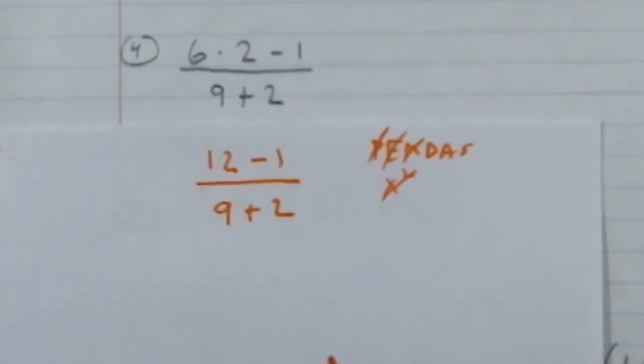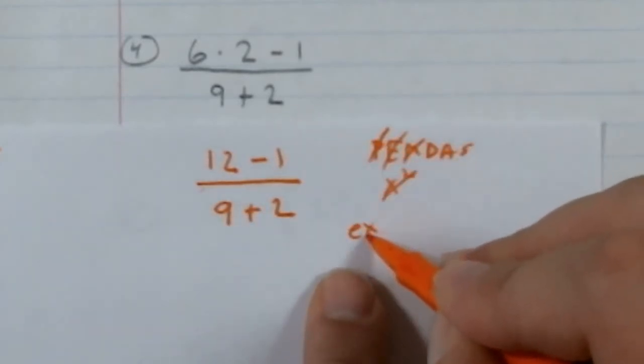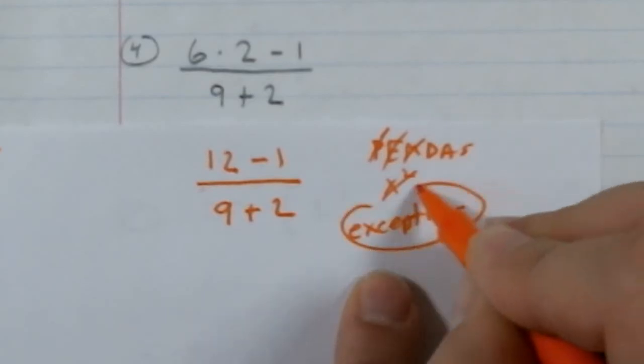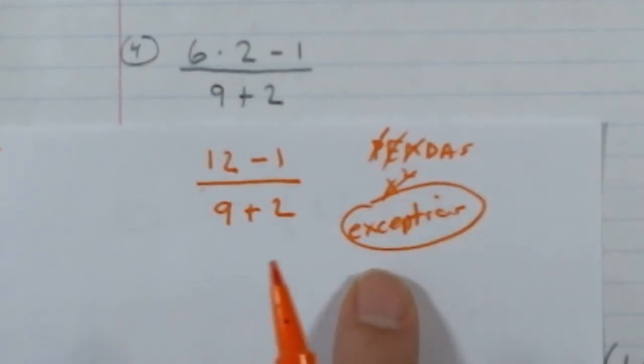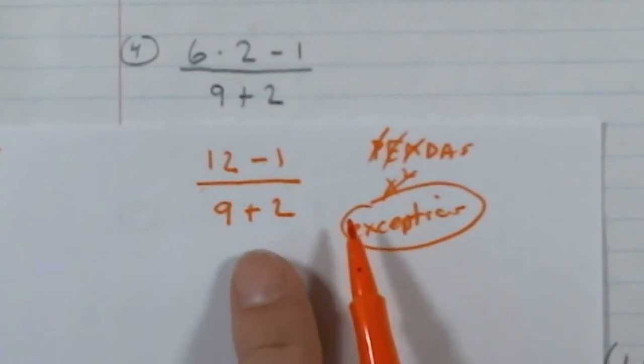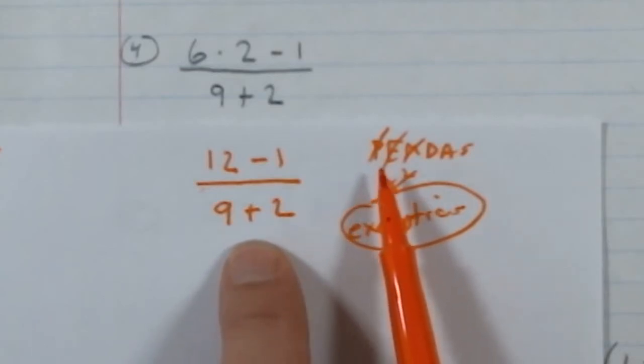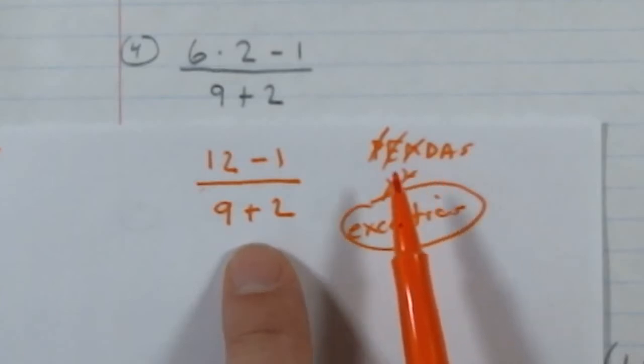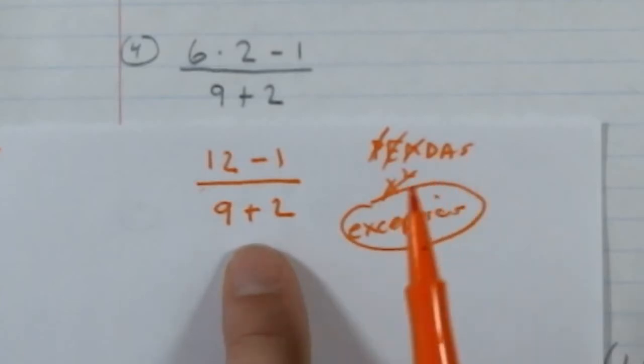Okay. This is going to be an exception. So we're going to do an exception here. The reason this is an exception is because this process sometimes needs to be simplified first.